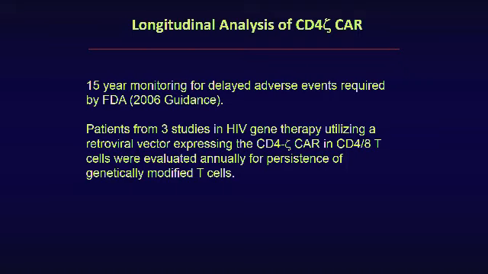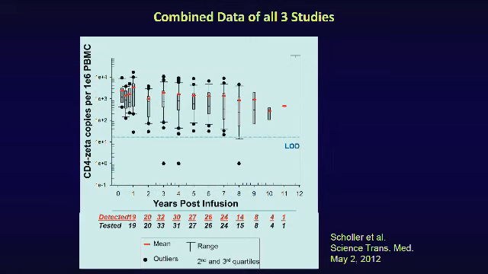And because of FDA requirements for 15-year monitoring in gene therapy studies, samples were collected by Cell Genesis that we analyzed for long-term persistence. And much to our surprise, we thought we would see a drop-off after some months or a couple of years. We saw a relatively stable persistence going out 7, 8, 9, 10, even one time point at 11 years.